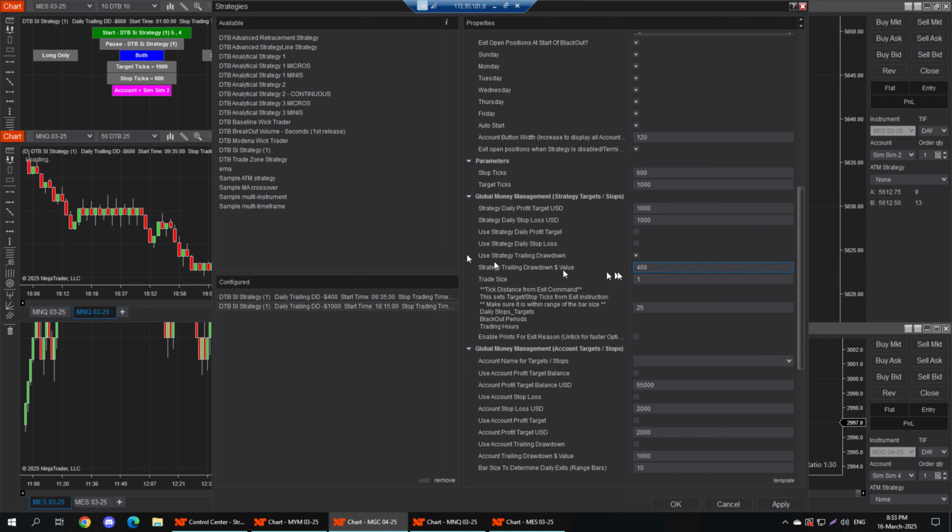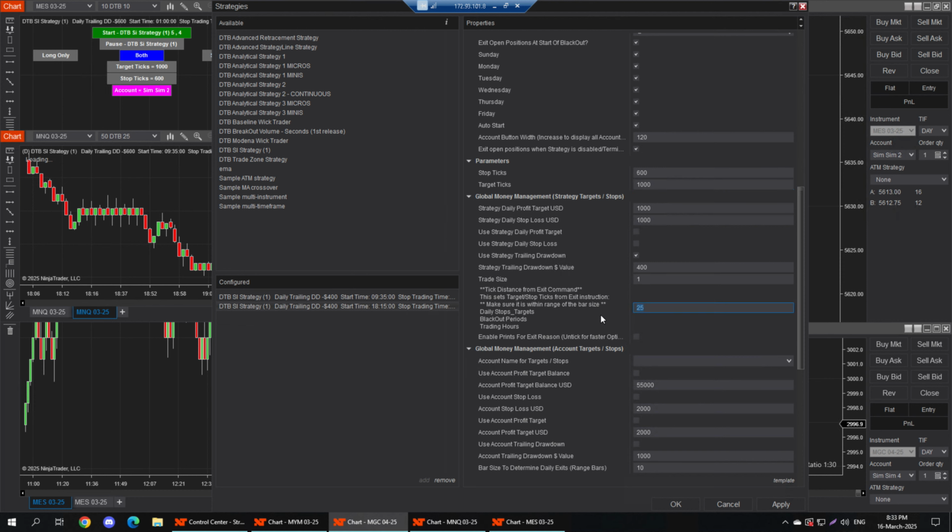So what will happen is as soon as the trailing drawdown value that you've selected in here comes into play, or it's activated, the stop and target ticks will move from the 600 and 1,000. They will reposition themselves to within 25 ticks of the price.